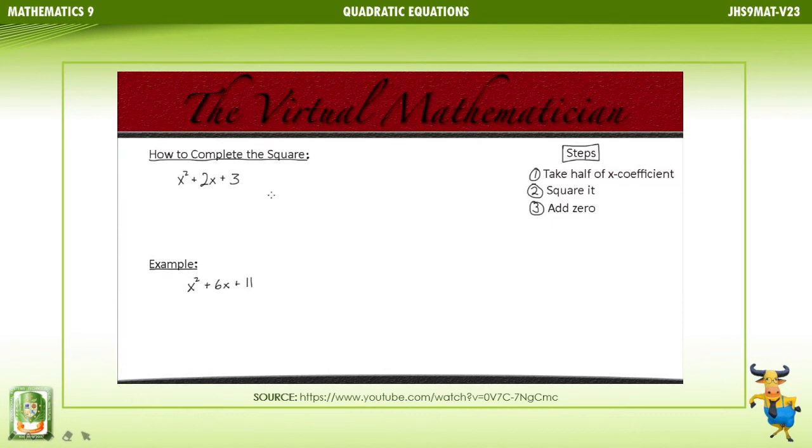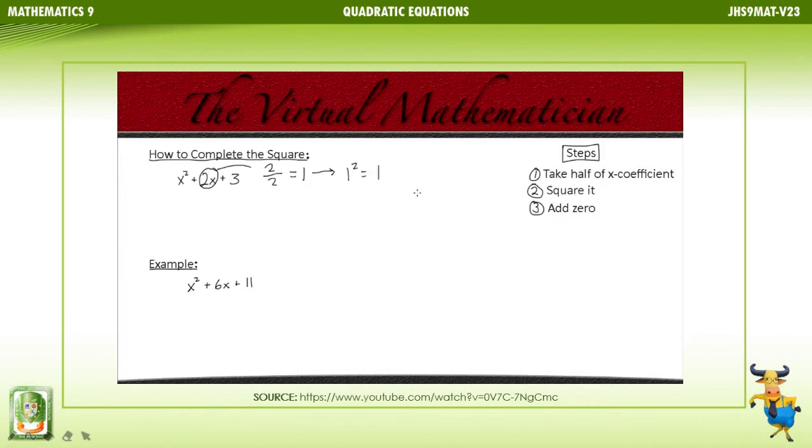Alright, let's start. Step 1 says look at the x coefficient and take half of it. We have 2 as our x coefficient, so half of 2 gives us 1. Step 2 says square it, so 1 squared is 1.